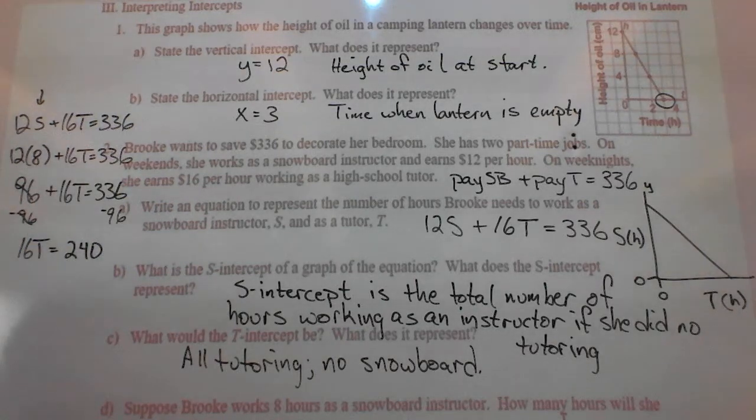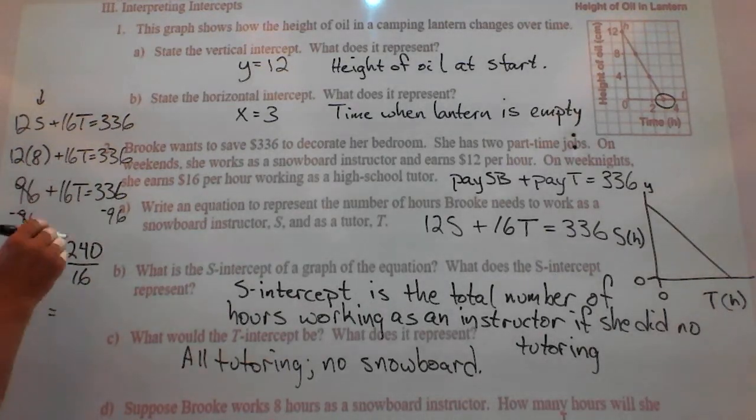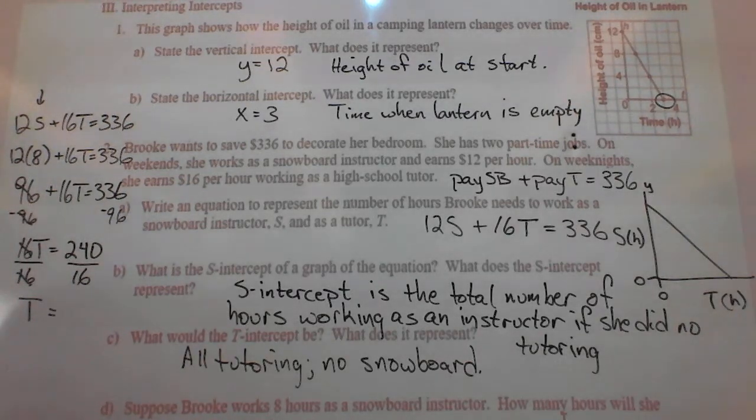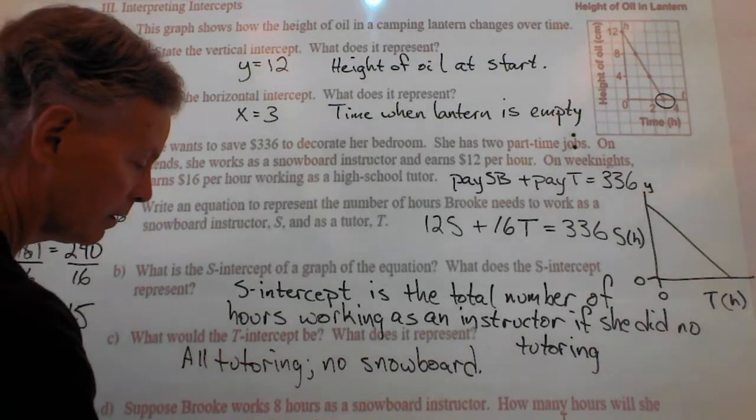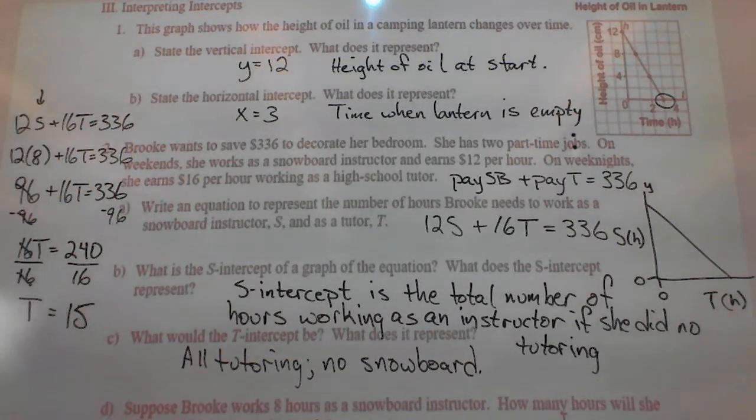Finally, to get rid of the 16, we have to divide both sides by 16. 16 divided by 16 is 1, leaving us with t. 240 divided by 16 would be, what, 15? So, how many hours will she need to work as a tutor? 15 hours. Okay?